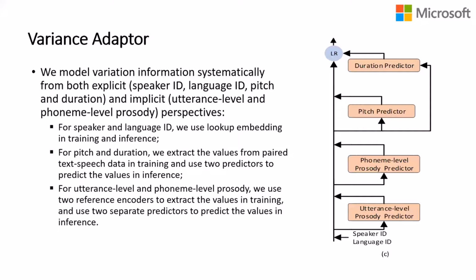The implicit information includes the utterance-level process vector and phoneme-level process vector. During training, we use the ground truth values, and during inference, we predict these values from the text information.